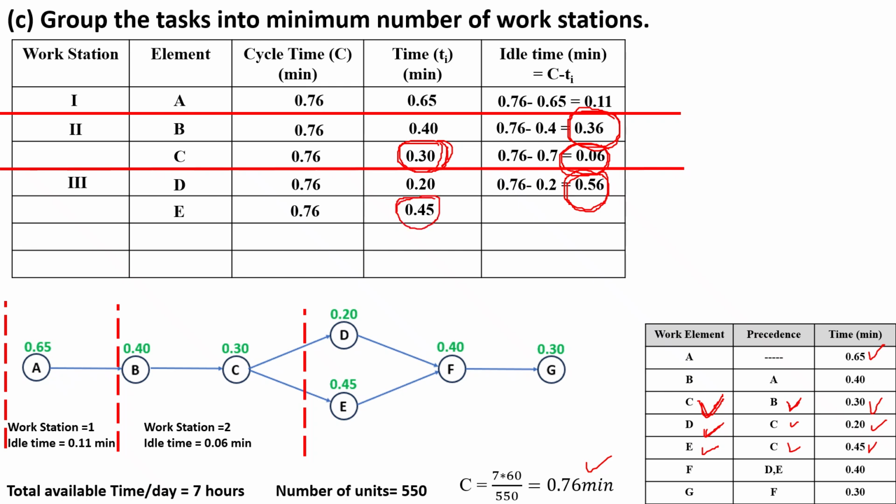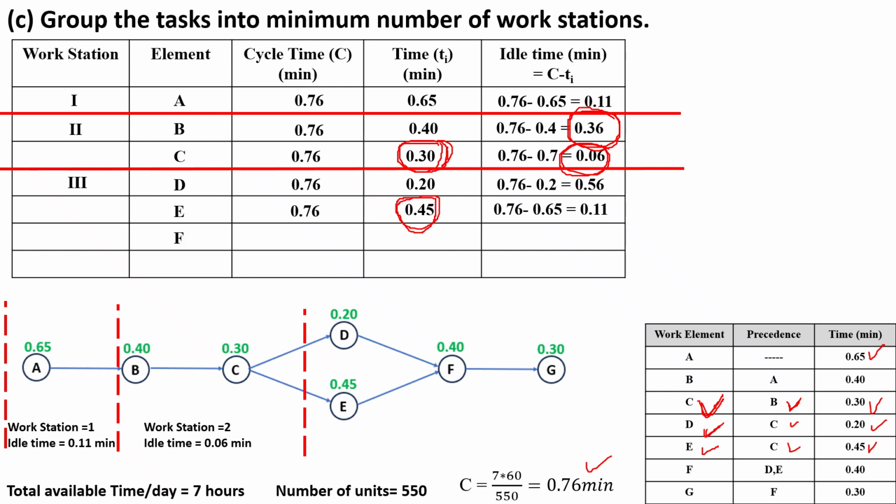So we can add the element E in the third workstation. Then idle time will become 0.76 minus of 0.2 plus 0.45, which is equal to 0.76 minus 0.65, then idle time equal to 0.11.